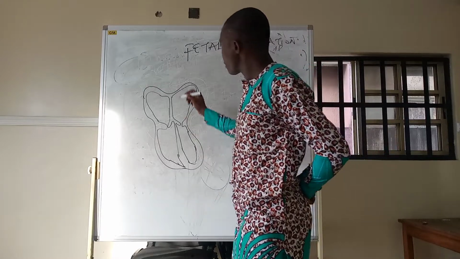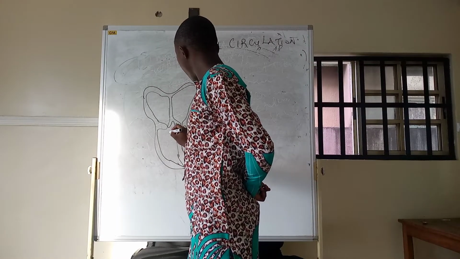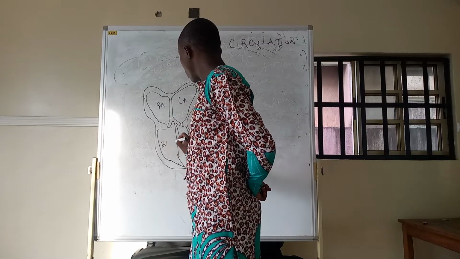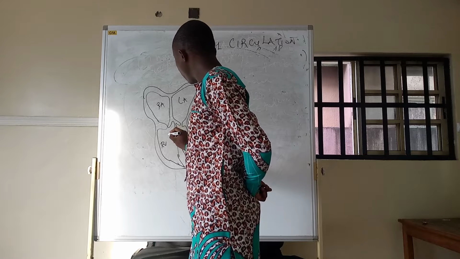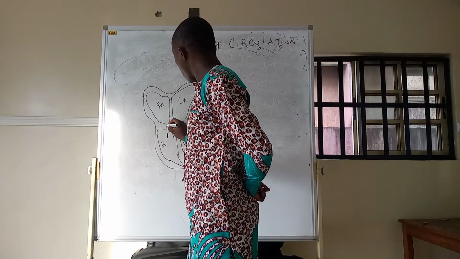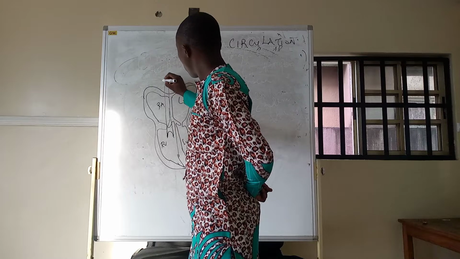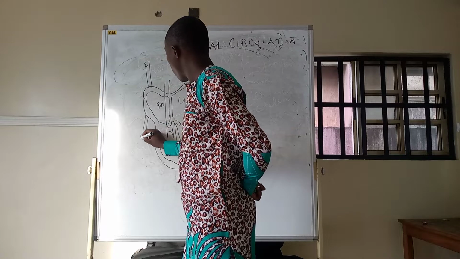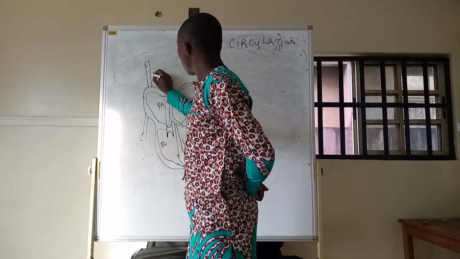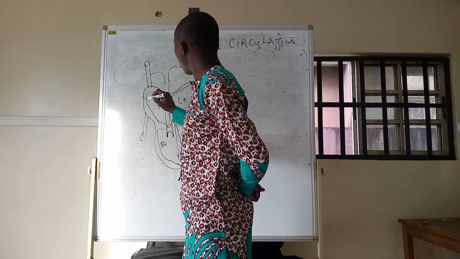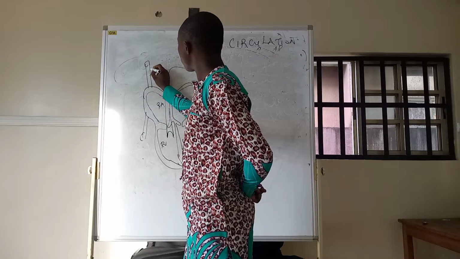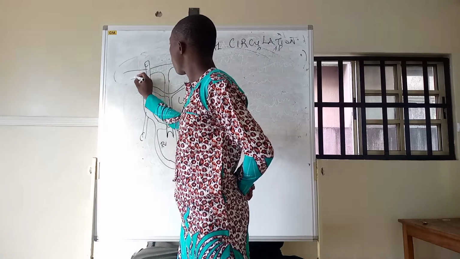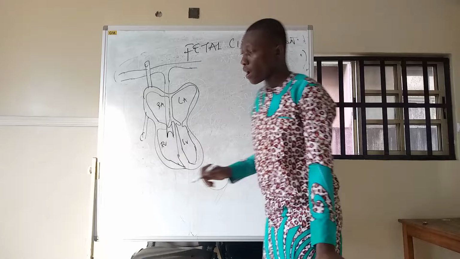If this is a sketch of the heart, what you have here is the right atrium, this is the left atrium, this is the right ventricle, this is the left ventricle. Then you have the pulmonary trunk coming out from here. You have here the superior vena cava, the inferior vena cava, and the pulmonary trunk dividing into what?